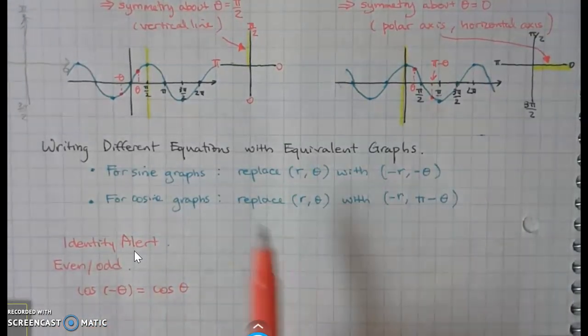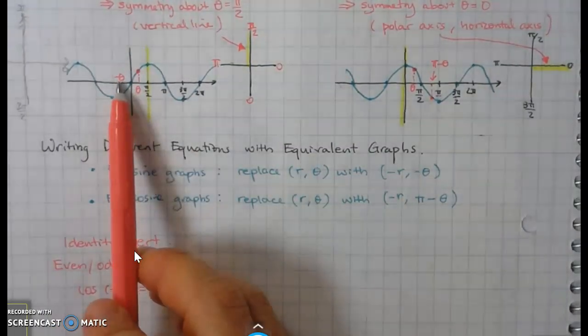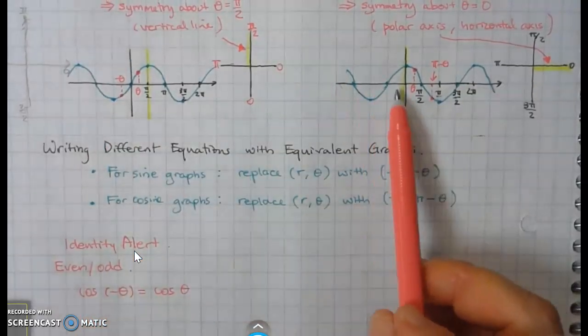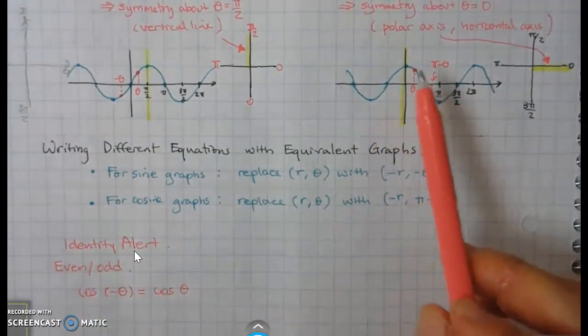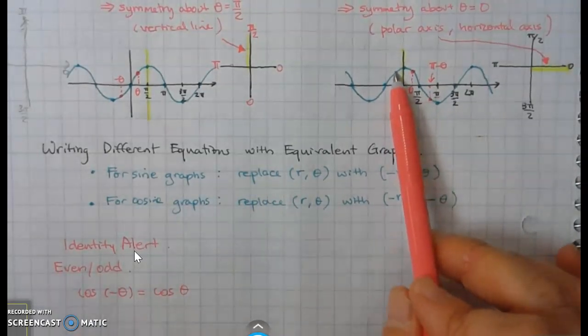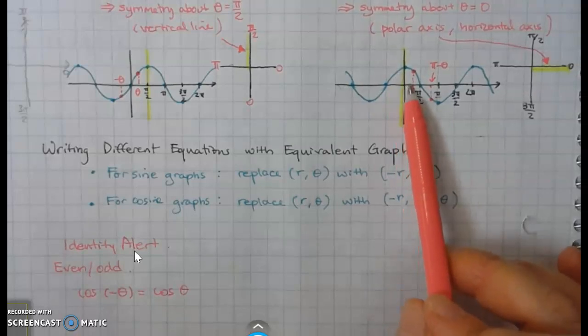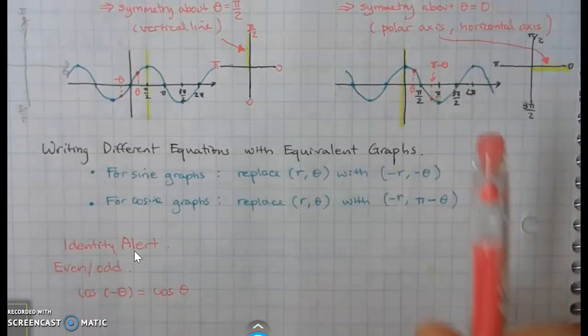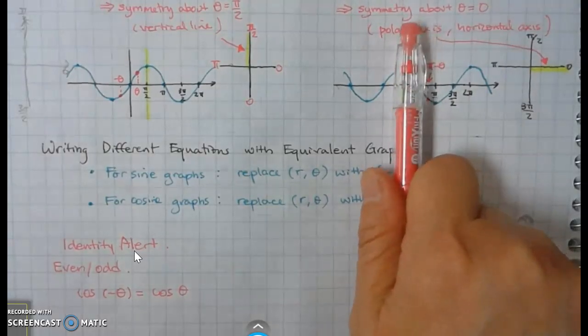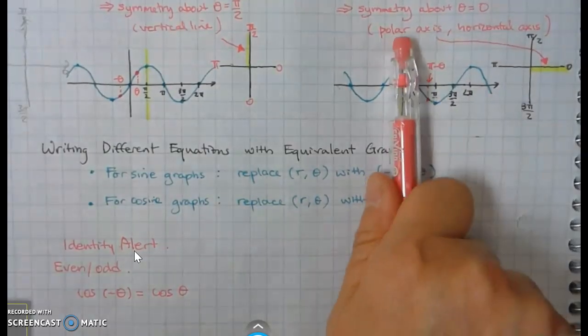Cosine of theta is going to be the same as cosine of negative theta right there. We're going the same distance in either direction. That's because it's symmetrical about the polar axis, or theta equal to 0, right?